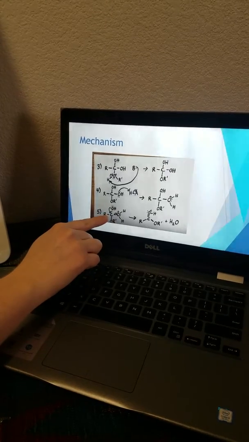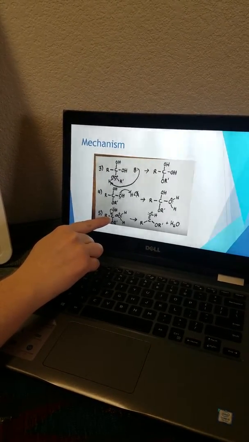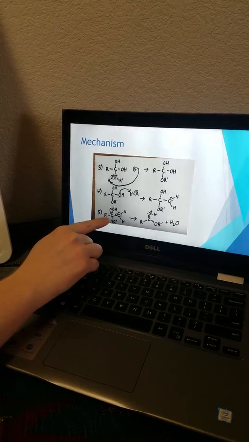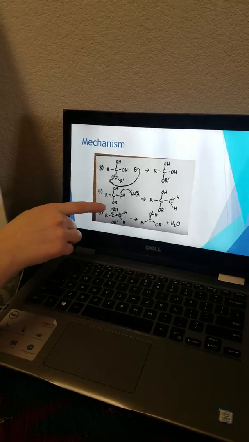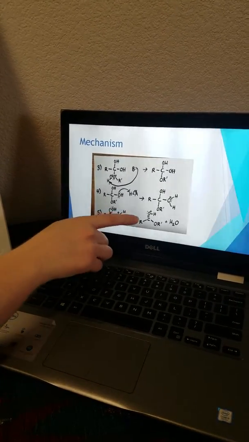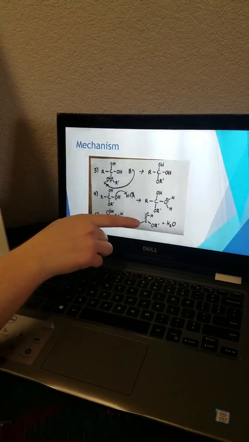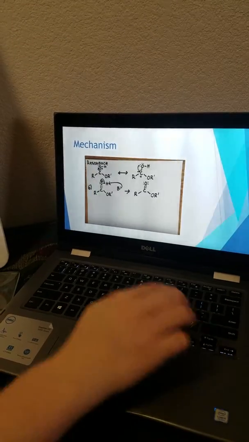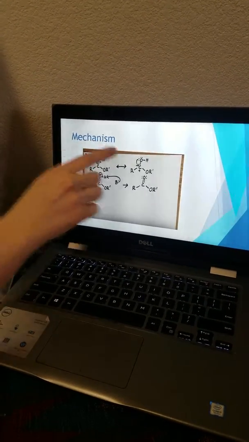And to prevent this carbon from being positively charged and forming a carbocation, the lone pair from this oxygen, the other hydroxyl group, will form a double bond to the carbon, as seen here, so that the positive charge is on the oxygen instead of on the carbon. So then we see that it's in resonance.